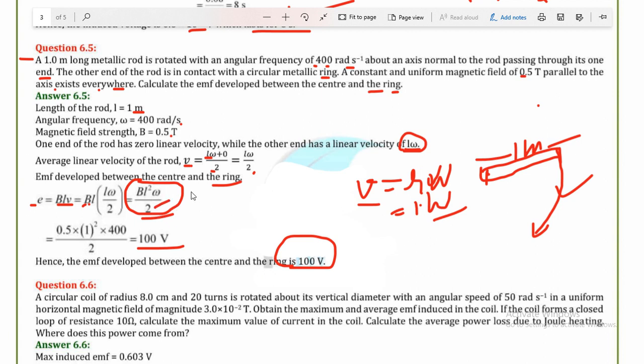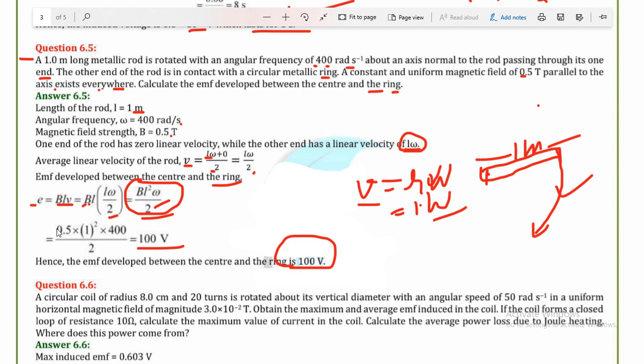Why is this? Because the actual formula is E is equal to BLV. Now in place of V you can use L omega by 2, because the average velocity of the rod is L omega by 2. Using this value you will get the formula B L square omega by 2, where B is the strength of the magnetic field, L is the length of the rod or the radius of the circular track, and omega is the angular frequency or angular velocity of the rod, divided by 2.